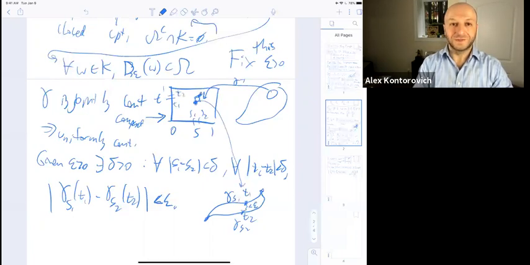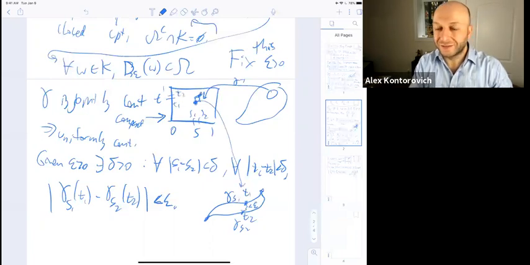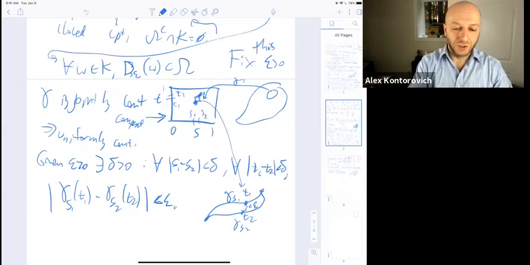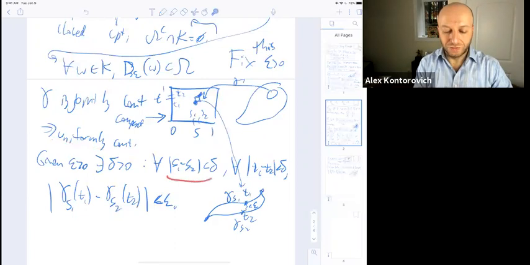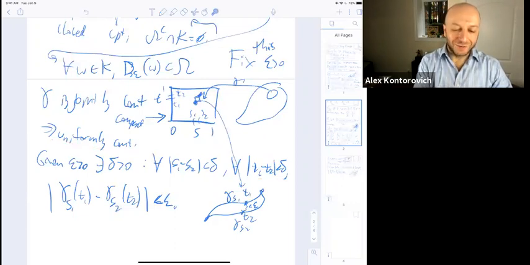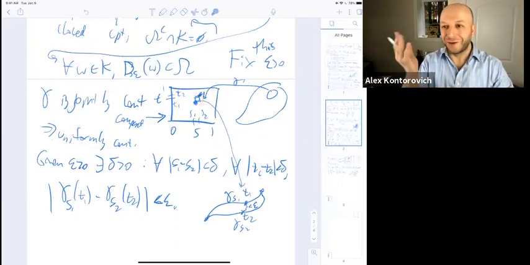Professor? Please. Why not the sum of the two absolute quantities be less than delta? So uniform continuity says... No, that is fine. Like I'm asking, why not the absolute value of S1 minus S2 plus the absolute value of T1 minus T2 less than delta? You could do that too. Same thing. I'm using, instead of an Archimedean norm, an L infinity norm.